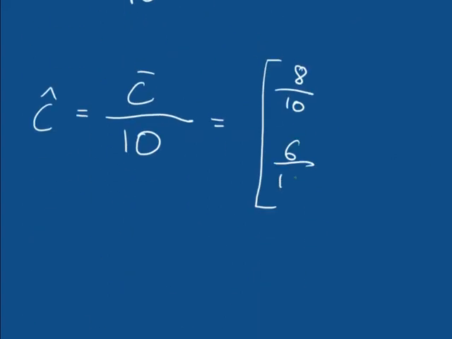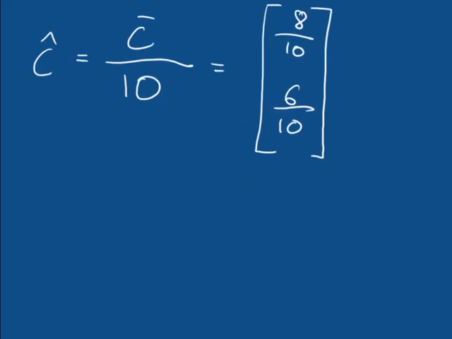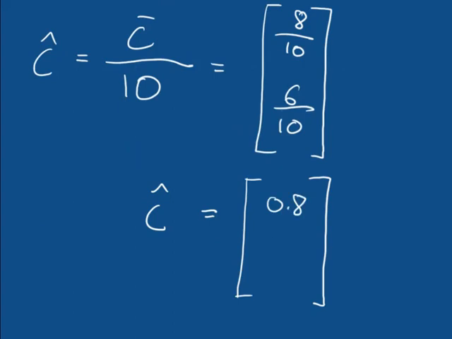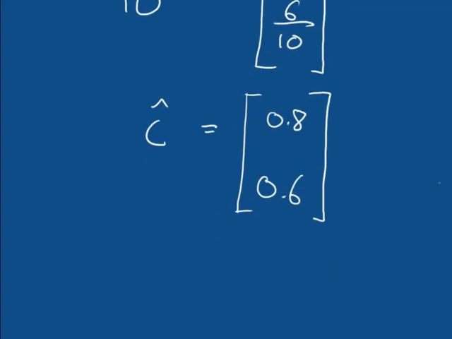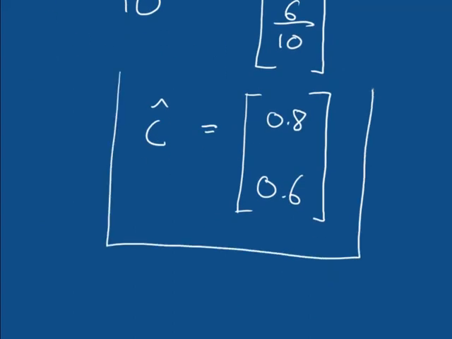So 6 divided by 10. Well, because we're dividing by 10, we can actually easily write this as a nice round decimal value. So c hat, our unit vector, is equal to 0.8 in x and 0.6 in y. So this is the answer I was looking for.